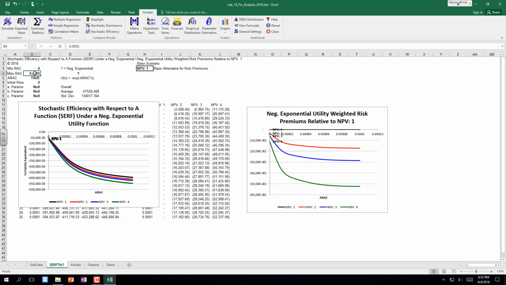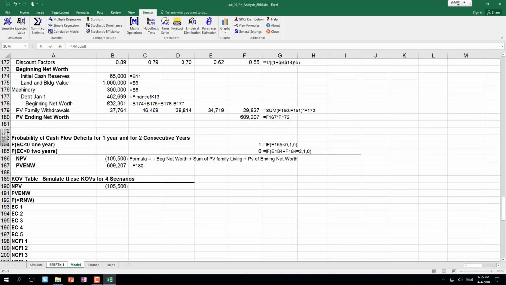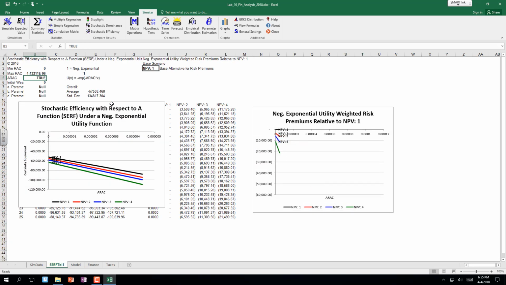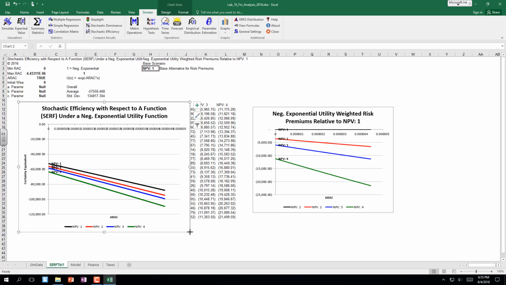So you change this upper left to equal 4 divided by that beginning net worth for that farm. So I'm going to go back to model, and I'm going to put in a beginning net worth of 904,000, 902,000, and it gives me a chart that looks like this. They're going to slope down, but they don't go negative. We don't want it to become asymptotic to the x-axis.